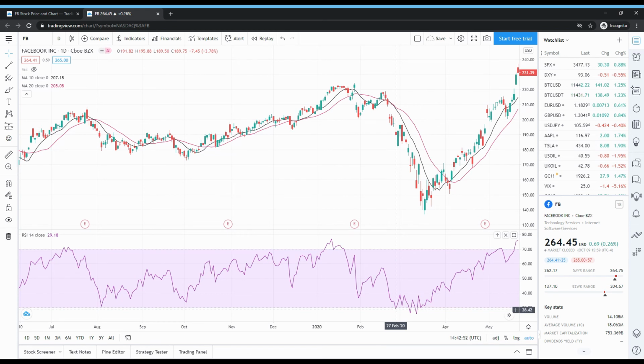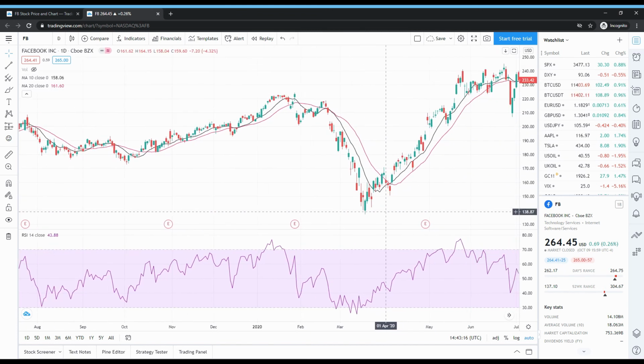When it goes below 30, which means the stock is being oversold, at this point we can buy the stock. So say I bought my stock following my RSI index, while also watching my moving average, and my stocks are going down. Actually here the 10-day moving average is below the 20-day, which means it's on a short-term downward trend. So let's say I have taken a position here on 25th February, and my position would be $201.